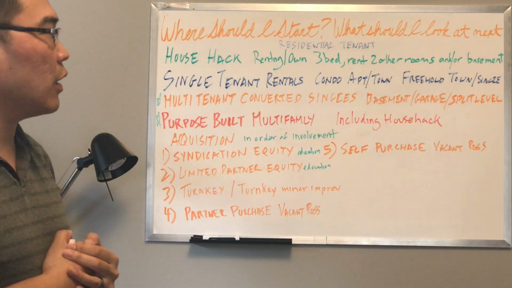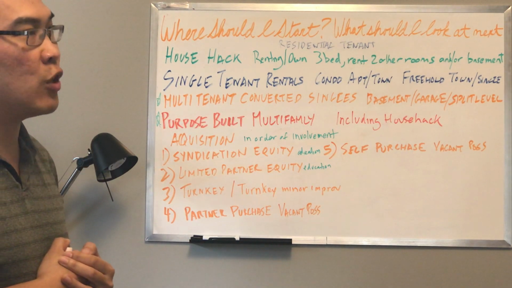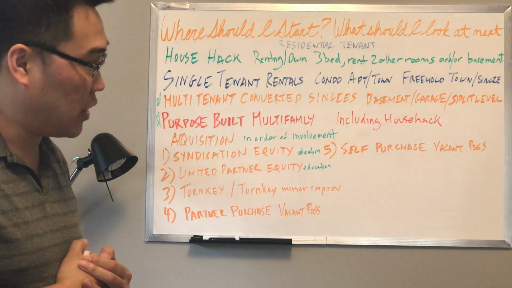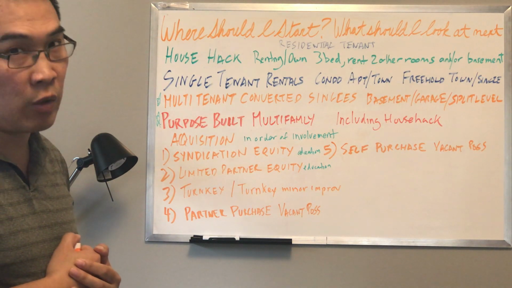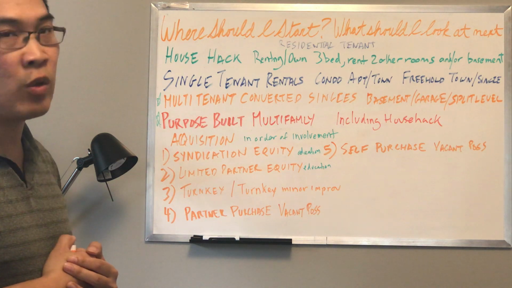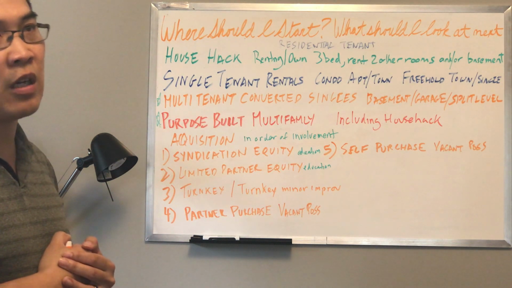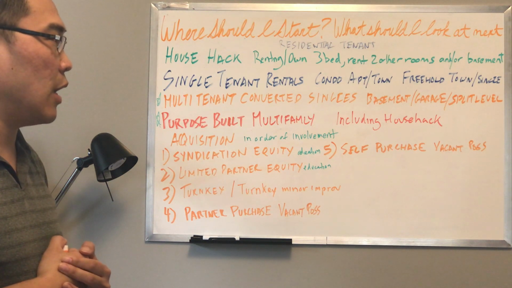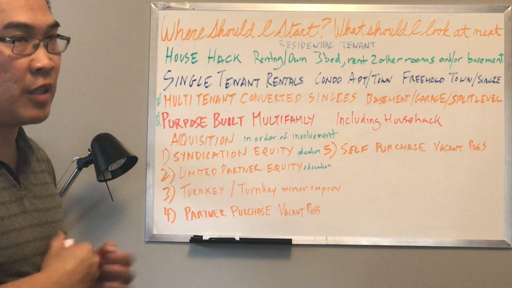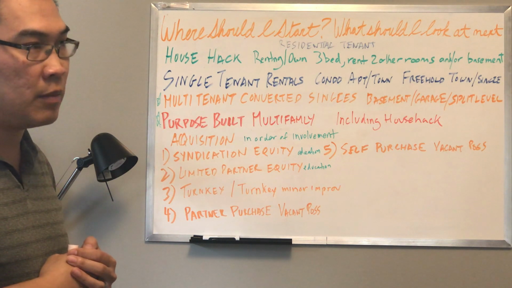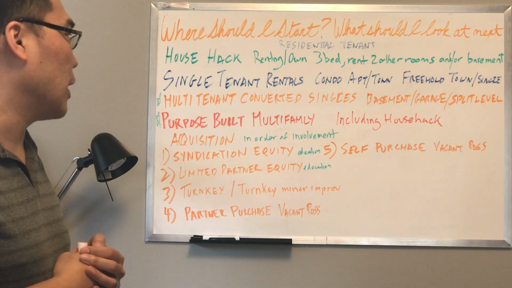What I mean by split level is you can have even a 2-story, and on the first story there's a tenant, second story there's a tenant, or even 3-story or 2.5-story, where they have their own kitchen and bath on each level, and it's just multi-tenant on each level. Again, there are some legal factors I'm not going to talk about, so just make sure if you're doing it, it's legal, okay?